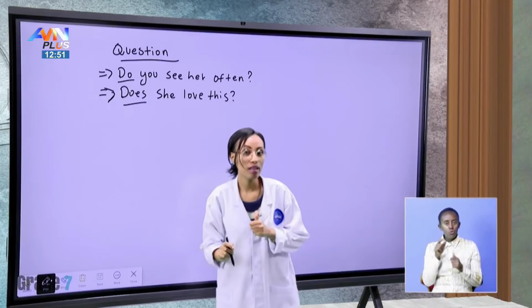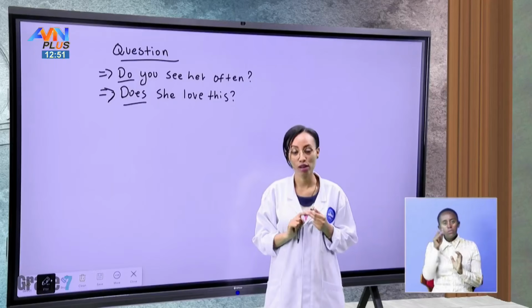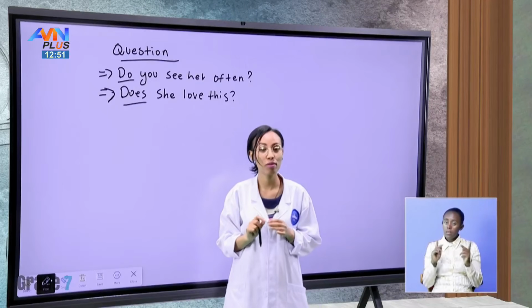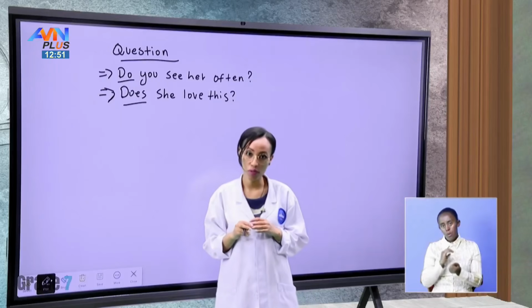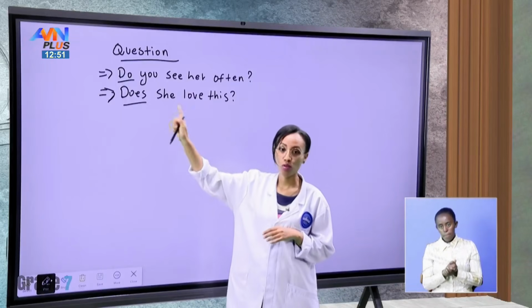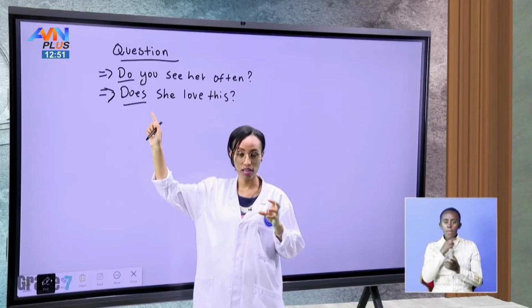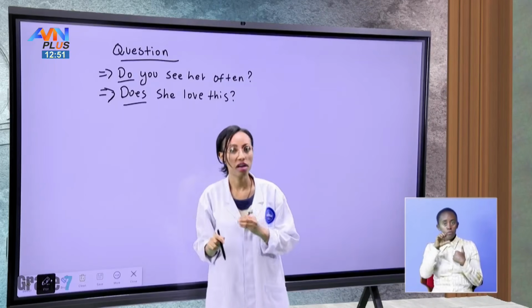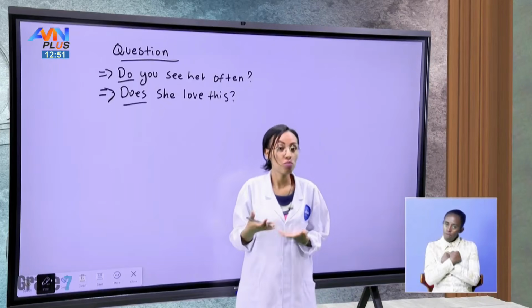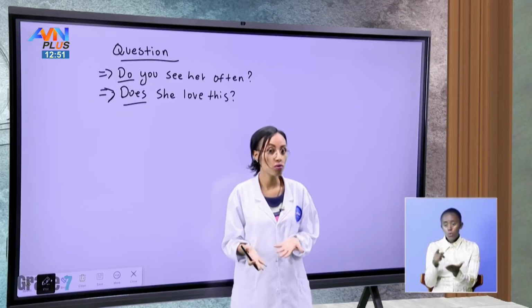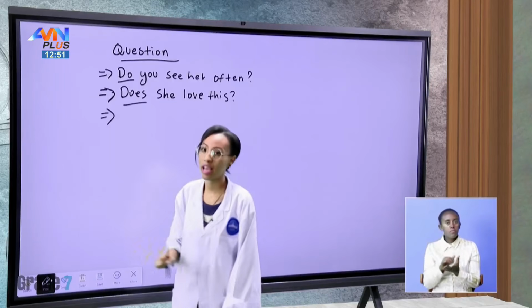So don't forget, whenever we are using he, she, it in the simple present tense, we always change our verbs to es or s form. In this case, since the verb to do comes first as a question, we use does. So does she love this? Does she love this book? Does she love this food? And so on. Okay, another example.